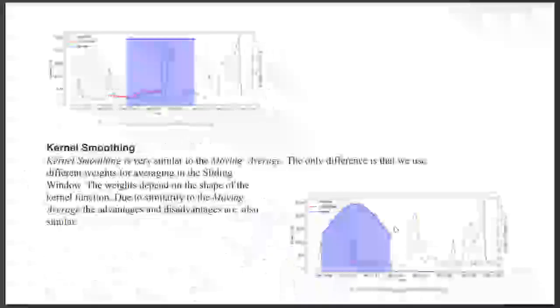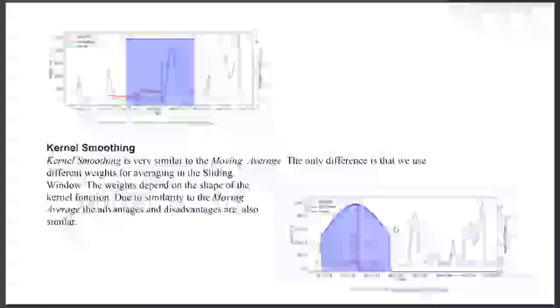So now the formula is as it says for kernel smoothing. The point I was trying to bring to your attention is that kernel smoothing will have weights plus moving average. That is your kernel smoothing.